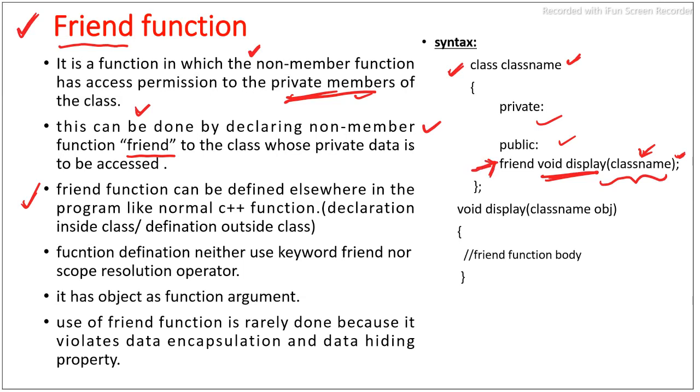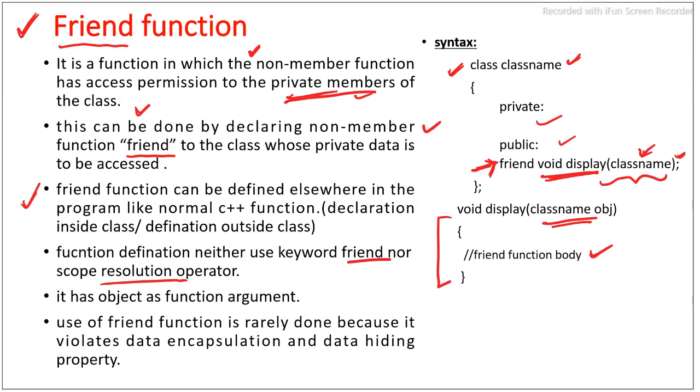Now the class is closed, and the friend function is defined normally like other C++ functions, like void display, then the argument list we need to specify, then the function body. In the function definition we can see that it is neither using the keyword friend nor the scope resolution operator. Though it is defined outside the class, it is not using the scope resolution operator, and it is also not using the keyword friend.